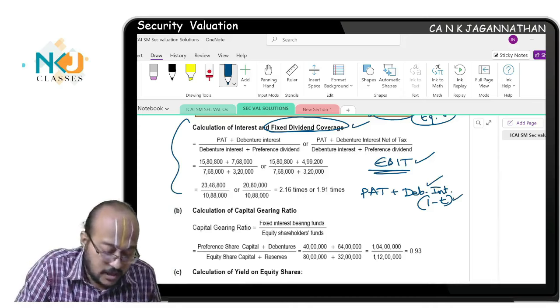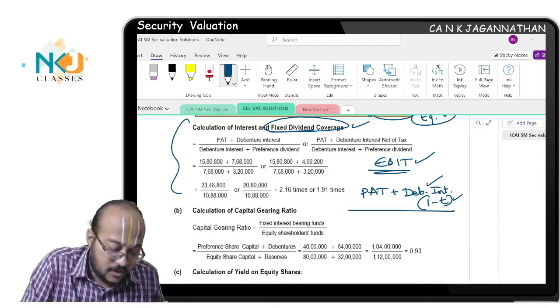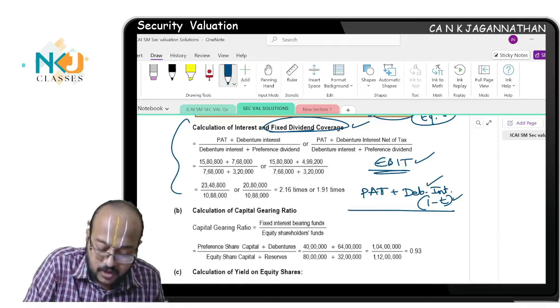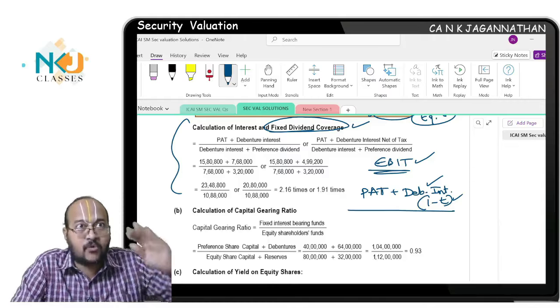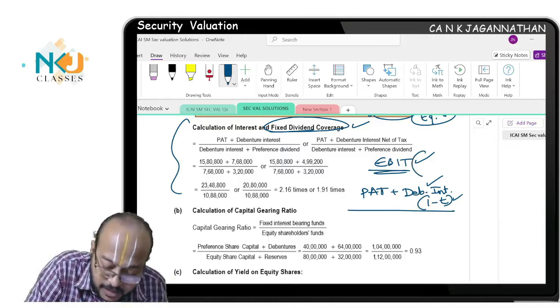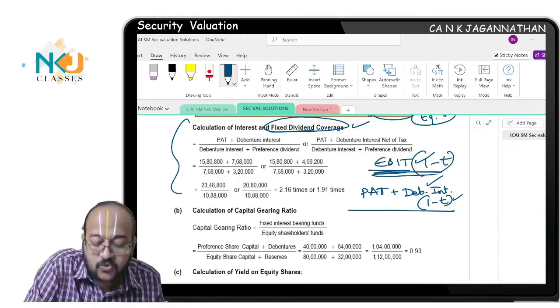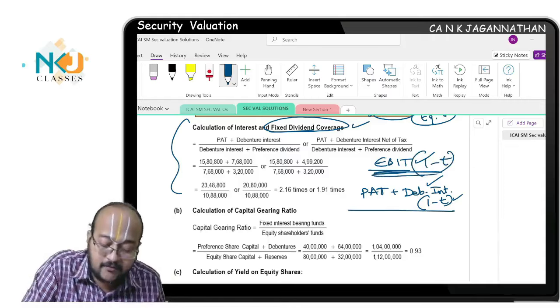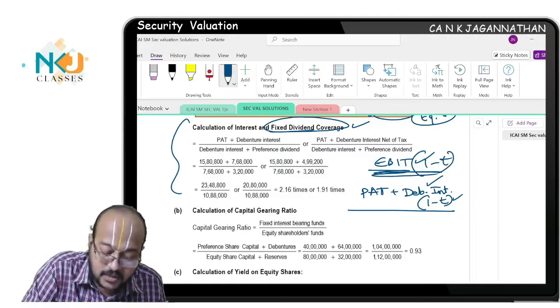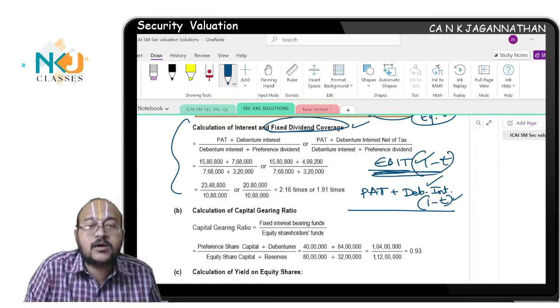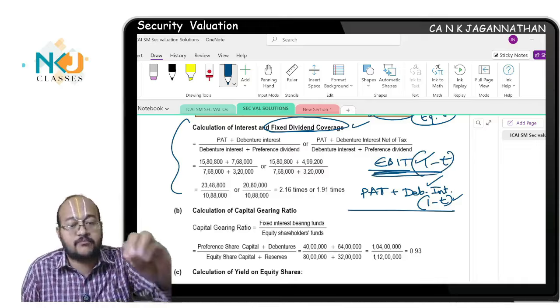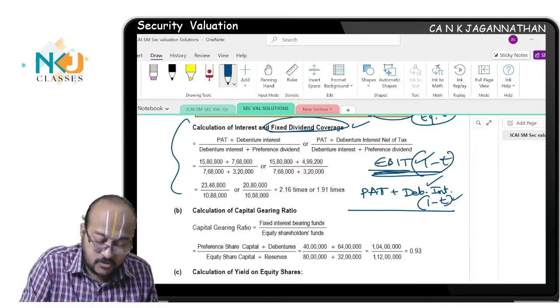This is the numerator. Or I can simply compute from EBAT into 1 minus T, also called no PAT. EBAT into 1 minus T will give you the same answer as PAT plus debenture interest into 1 minus T. Are you understanding what I am trying to say? This you need to compute.